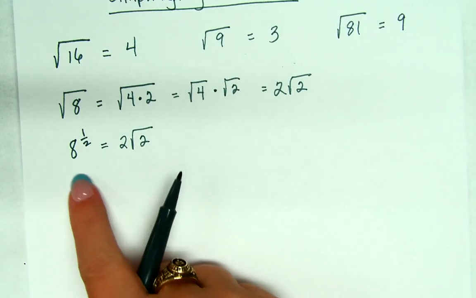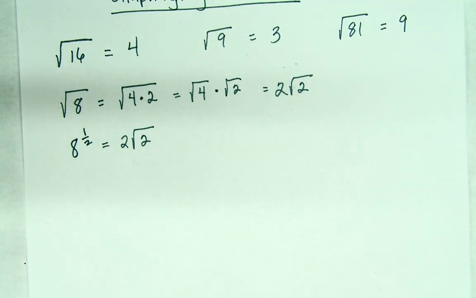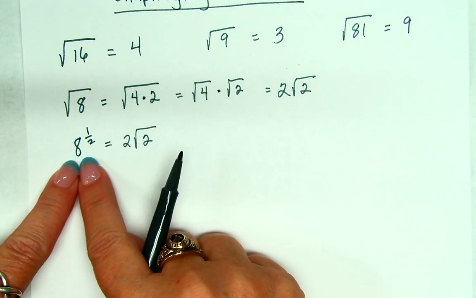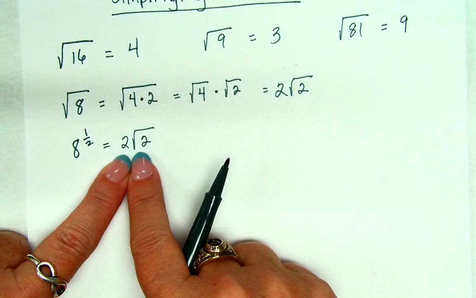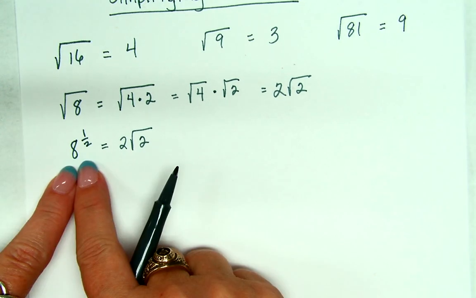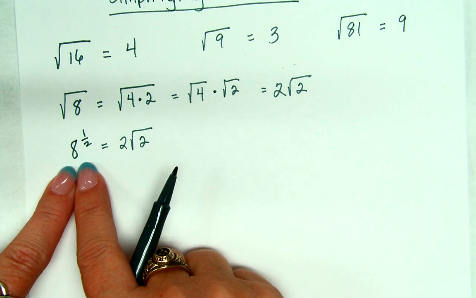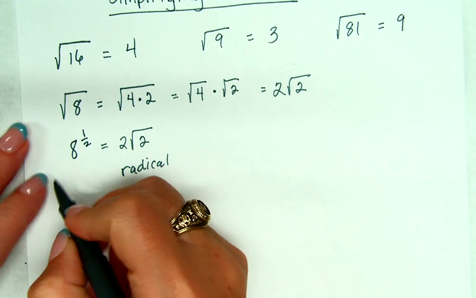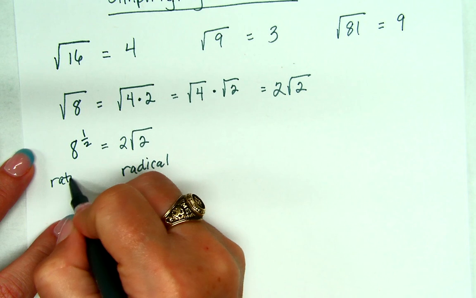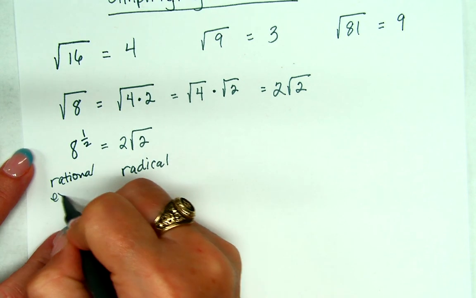Now sometimes I might just need to leave it 8 to the 1/2 depending on the directions. This is radical form. This is rational exponent form. Does that make sense? This is radical form, and this is written with rational exponents.